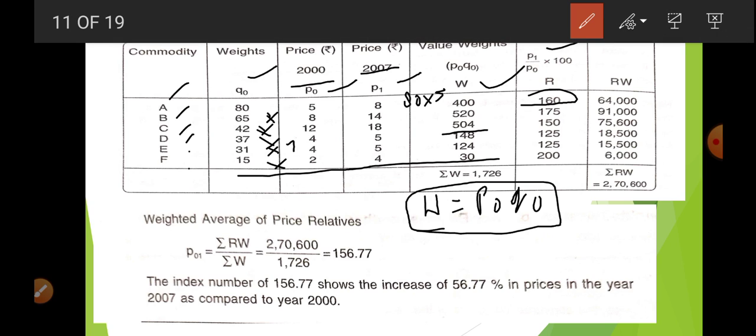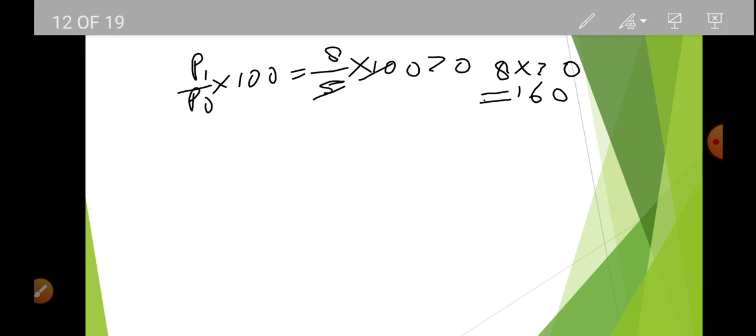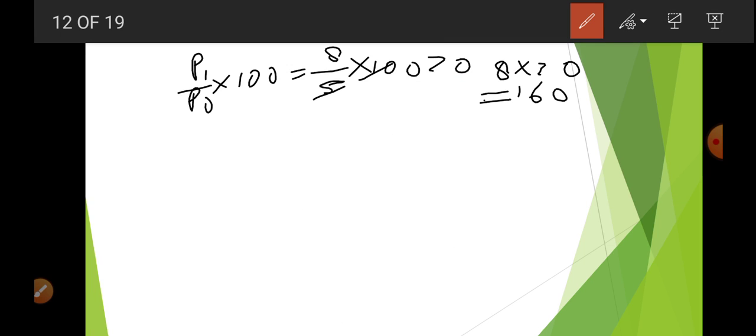Come to the next. So now P1 is 14 and P0 is 8. So let's calculate. The same equation we are going to use. Now P1 is 14 and P0 is 8 multiplied by 100.